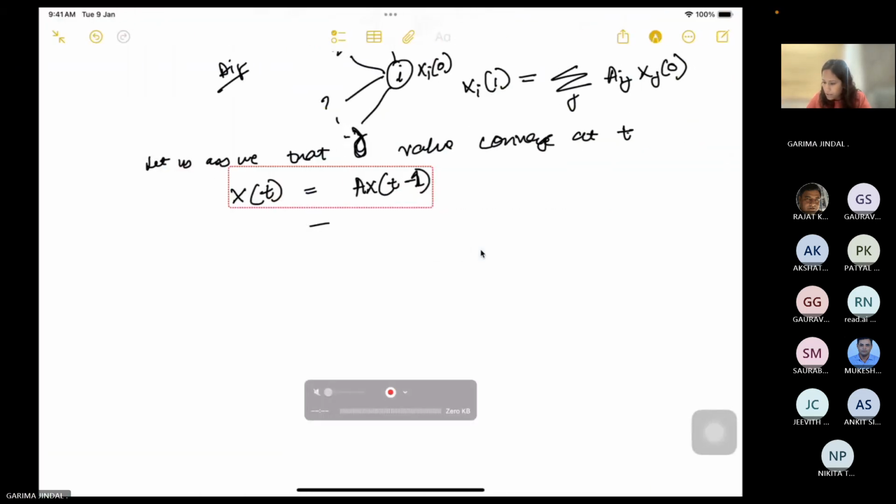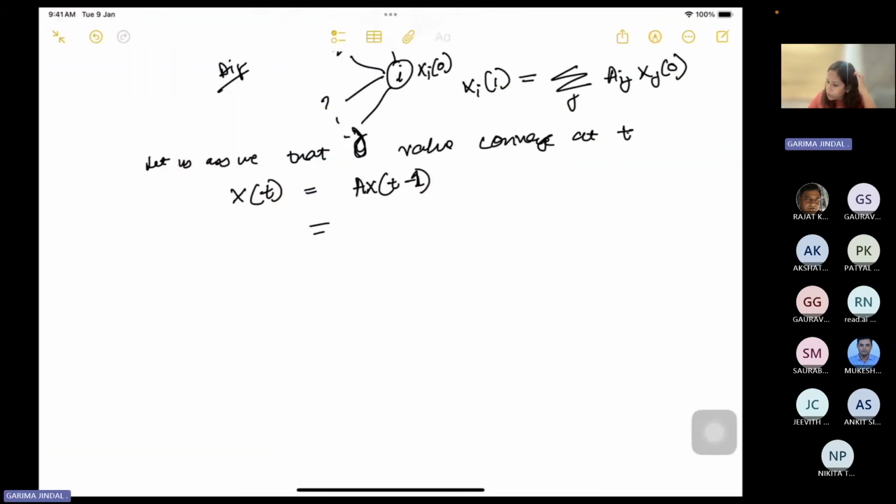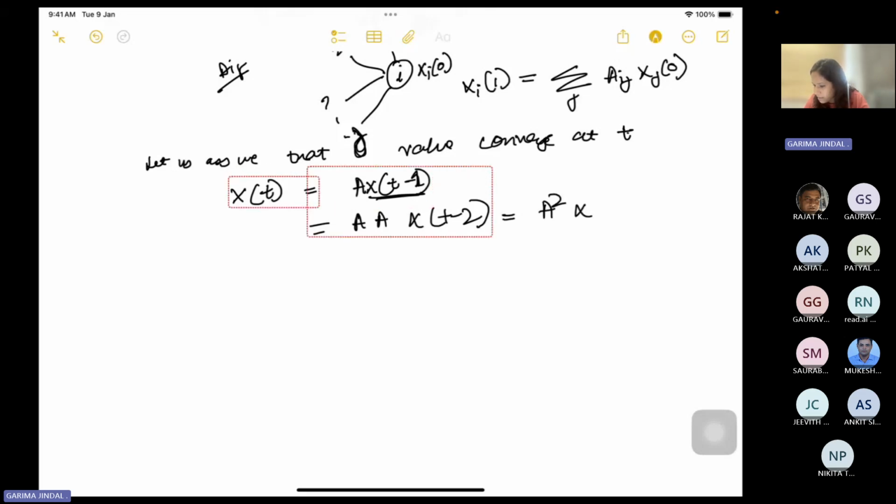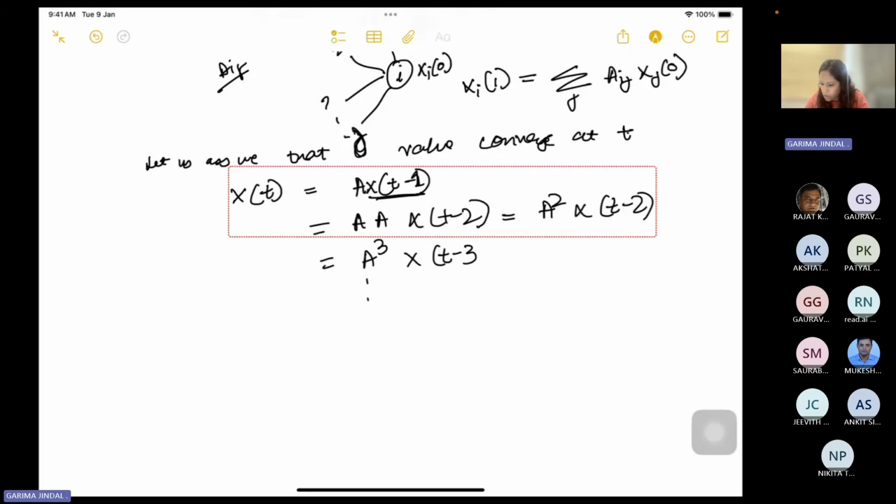Okay, so now we will keep on repeating this process. What will be the popularity at xt minus 1? The popularity at xt minus 1 will be a into xt minus 2, so this is equal to a square xt minus 2. The popularity at xt minus 2 will be equal to a cubed xt minus 3 and so on.